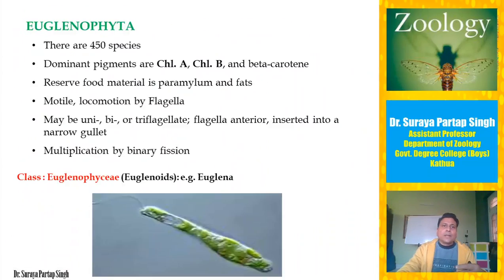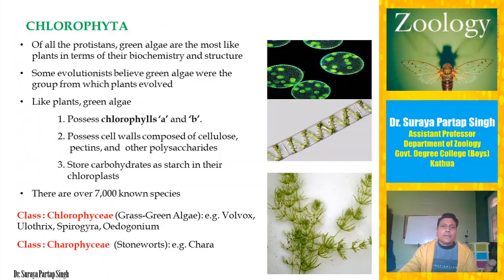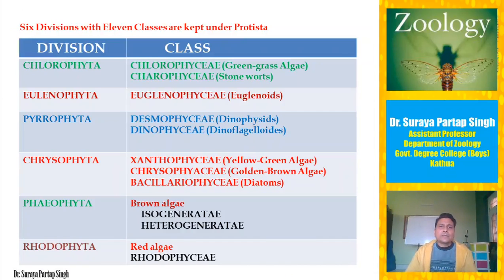For example, in Chlorophyta we have Chlorophyceae and Charophyceae. Euglenophyta has only one class, Euglenophyceae. Pyrophyta has two classes, Desmophyceae and Dinophyceae. Chrysophyta has three classes, Xanthophyceae, Chrysophyceae and Bacillariophyceae. Phaeophyta has two classes, Isogeneratae and Heterogeneratae, and Rhodophyta has only one class, the red algae.